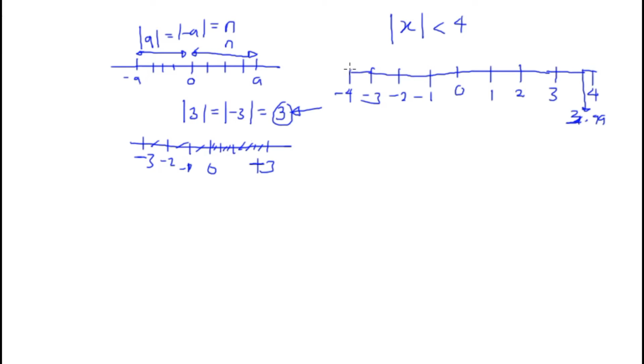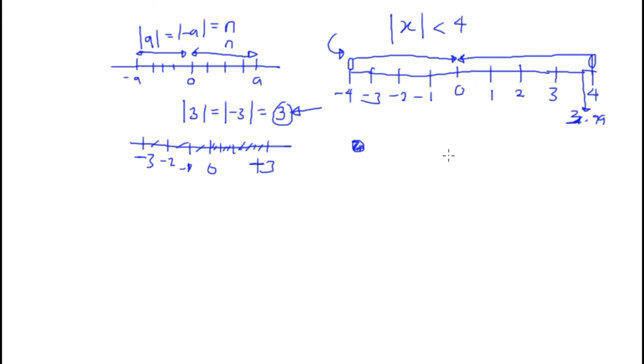So we can represent this on the number line as something of this nature. Not shading this circle, the way I leave it unshaded, means that 4 is not part and minus 4 is not part.